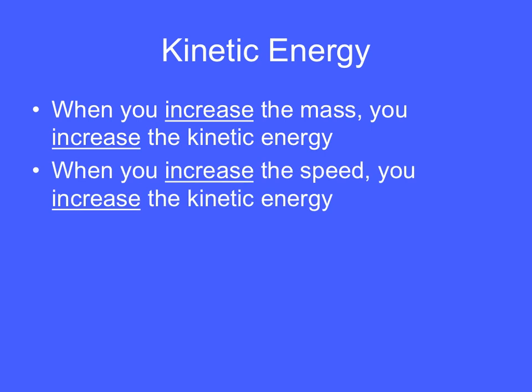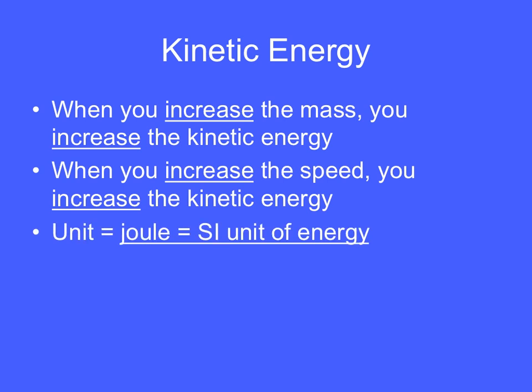By the same token, if I increase the speed, I'm also going to increase the kinetic energy. However, the one that has the greater effect on kinetic energy is the speed, and that's because I'm squaring it. Remember that when I do kinetic energy calculations, my unit is always the joule, represented by a capital letter J, and that is the SI unit of energy.